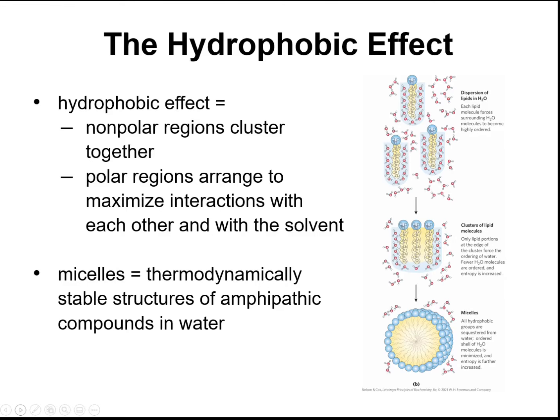Eventually, if you keep increasing the concentration of those lipids, you'll form what's called a micelle. And that's literally just like a ball of lipid where you've got your charged or your polar head groups on the outside, and you've got your non-polar lipid tails on the inside interacting with each other away from the water.